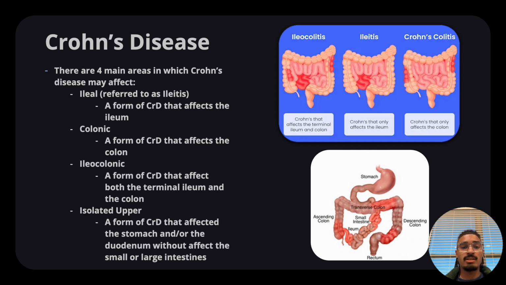Ileocolonic affects both the terminal ileum and the colon, whereas isolated upper Crohn's disease affects the stomach and/or the duodenum without affecting the small or large intestines. And on the right, you can see where specifically in the bowel these Crohn's disease variants occur.